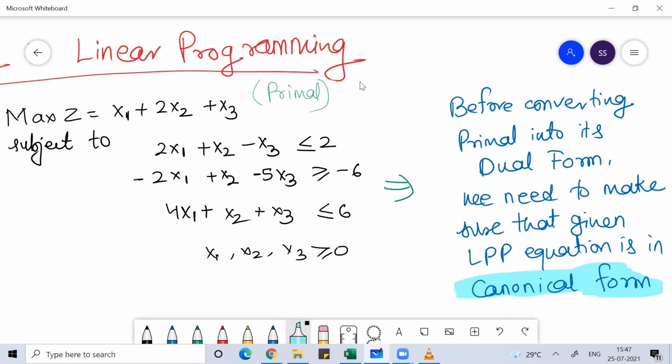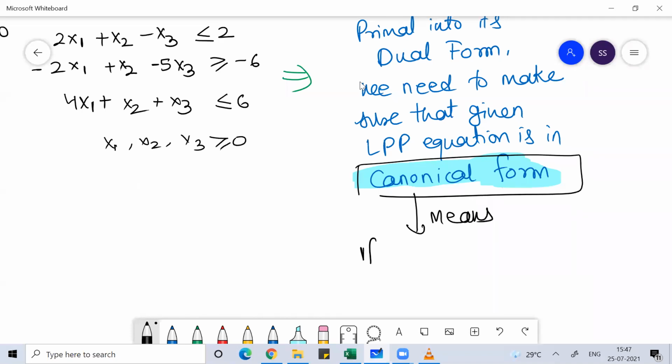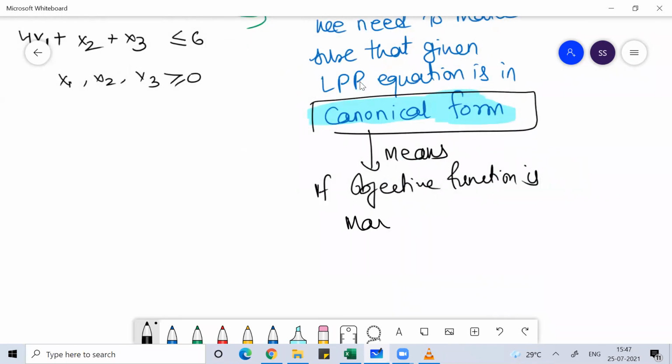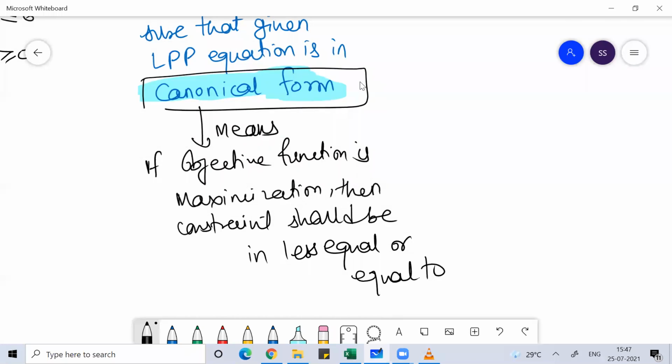So what do you mean by canonical form? It means that if the objective function is maximization, then the constraints should be less than or equal to.